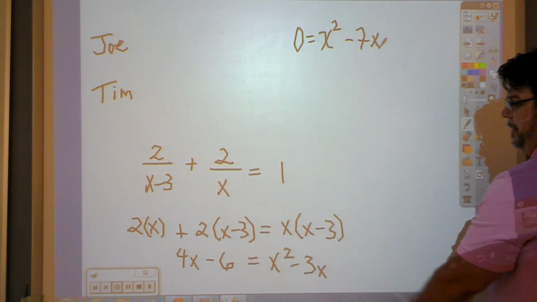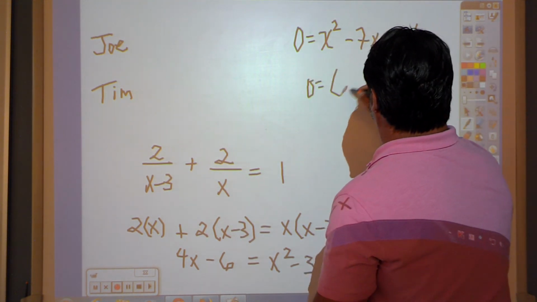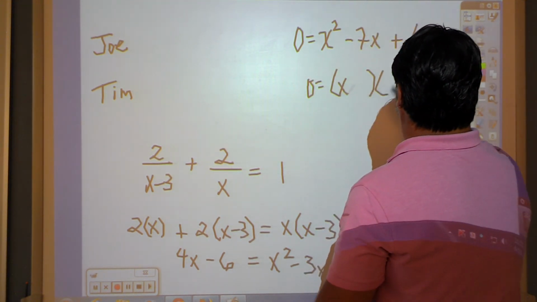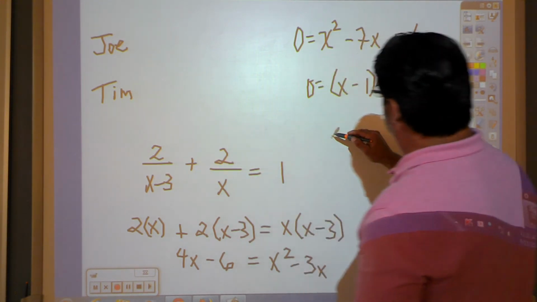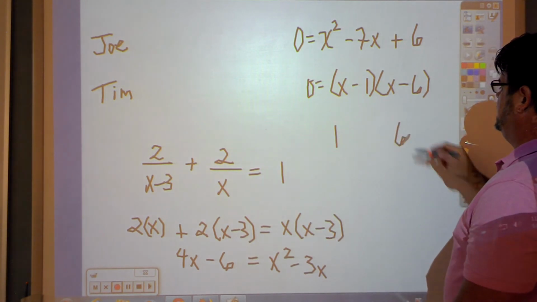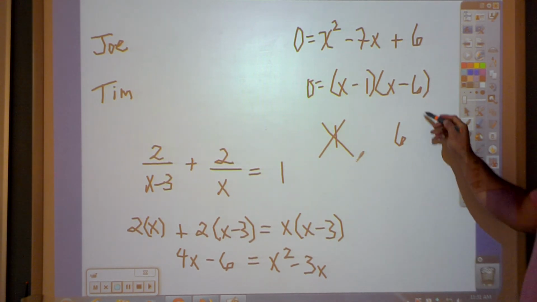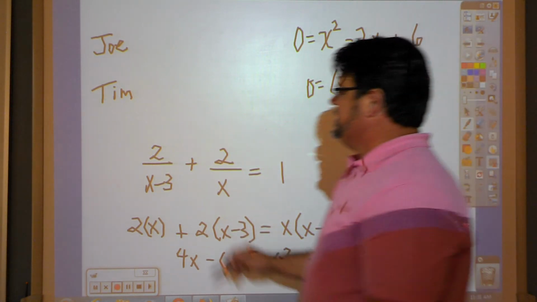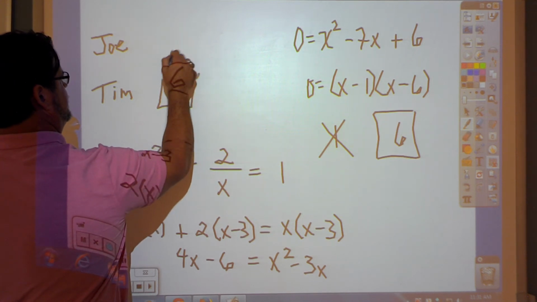And bring this over, be a positive what? 0 is equal to x, 1, 6, be a negative and a negative. So our possible answers are 1 hour and 6 hours. Which one can it not be? Can't be 1 because 1 minus 3 is what? Negative 2 hours, and there is no such thing as negative 2 hours. So your answer is, it takes Tim 6 hours, and it takes Joe 3. Yeah.